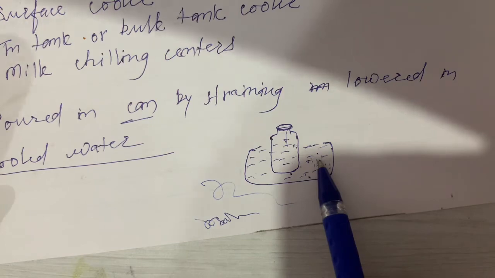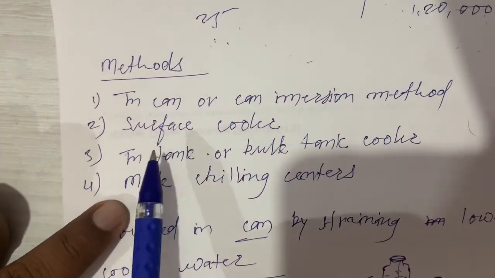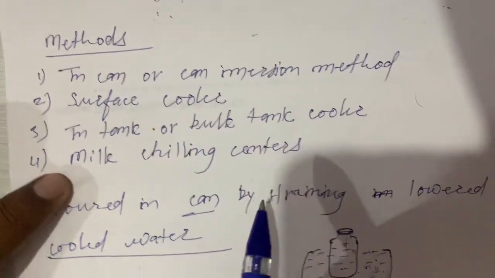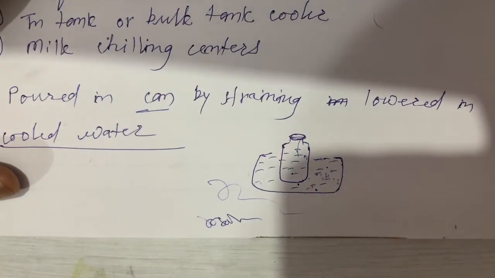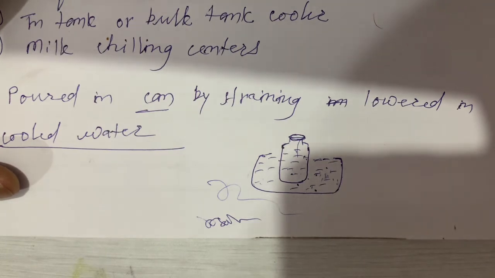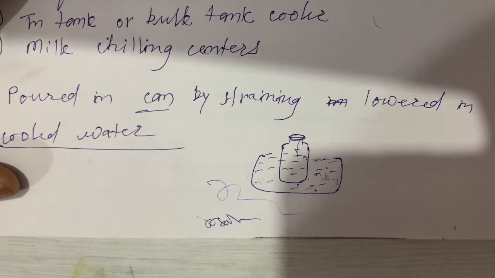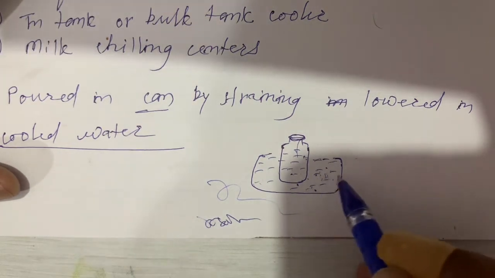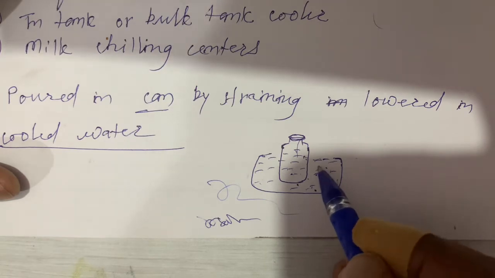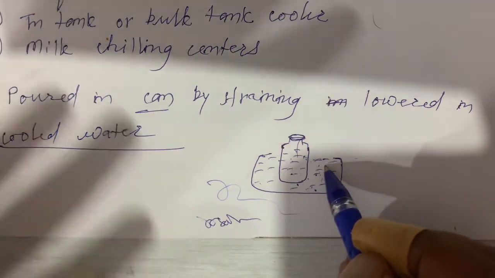Okay, second method is the surface cooler. First of all we have to understand the advantages of this method. Not only is the milk cooled, but it also stays cool.